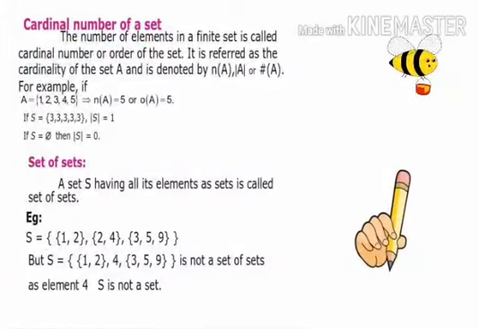The next we can see cardinal number of a set. The number of elements in a finite set is called the cardinal number. I repeat, the number of elements in a finite set is called the order of the set. It is referred to as the cardinality of the set A and is denoted by n(A).